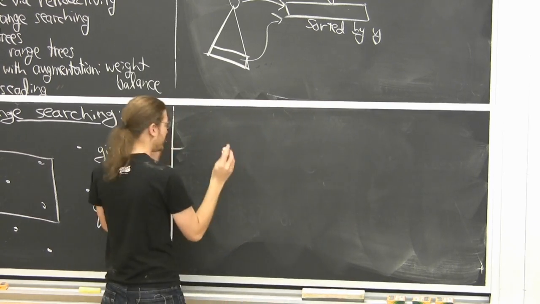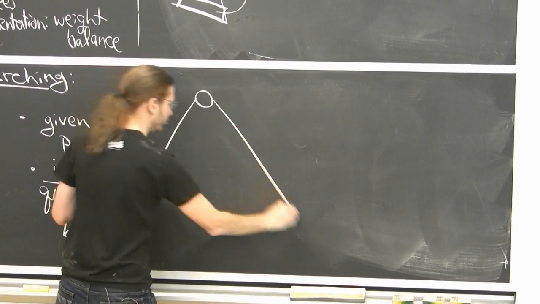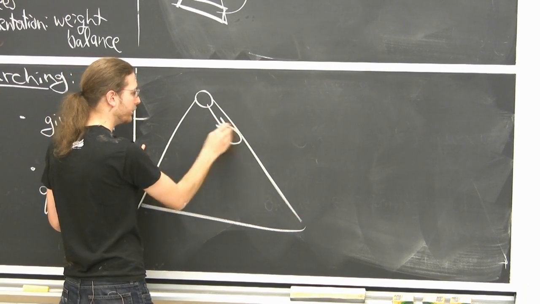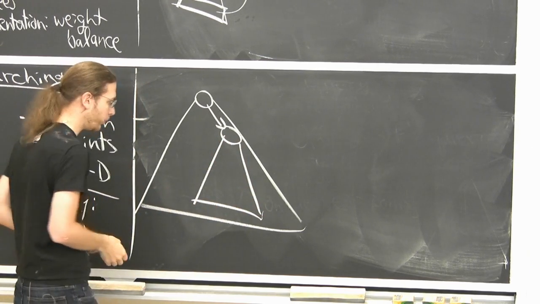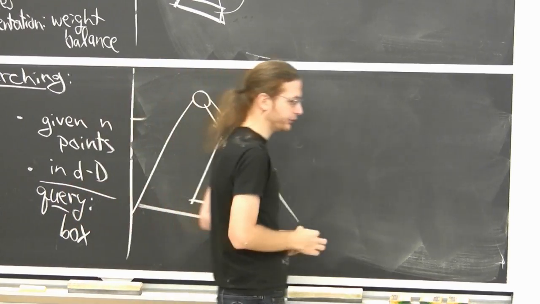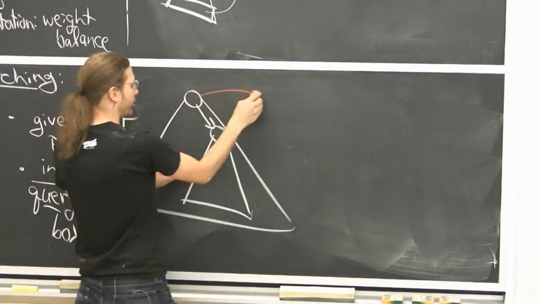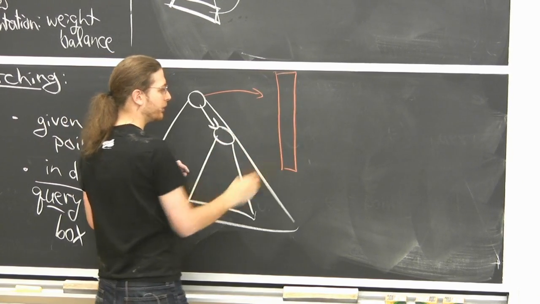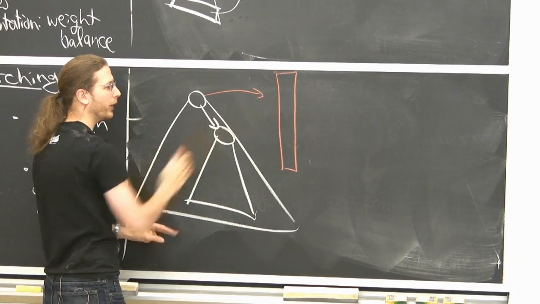So imagine in the X tree, I'm at some node, and then I follow, let's say, a right pointer to the right child. Now in Y space, maybe I should switch to red for Y space. This guy has a really big array representing all of the nodes down here, but sorted by Y coordinate.